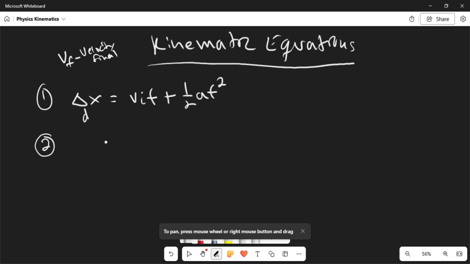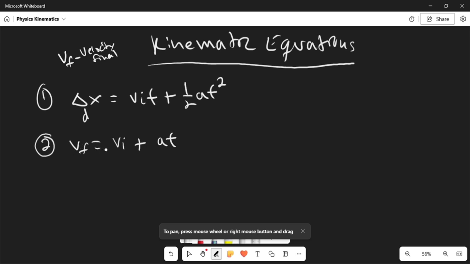So let's take a look at another equation. Another equation you may see and may want to use is velocity final equals velocity initial plus acceleration times time. So this equation is used to find velocity final.